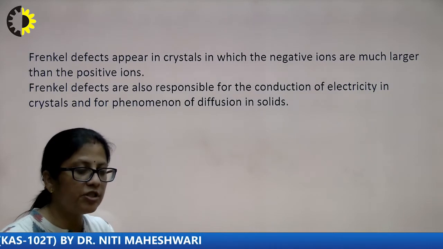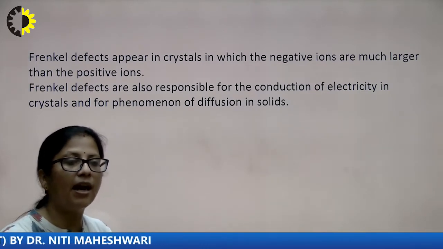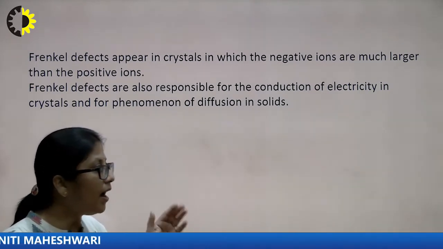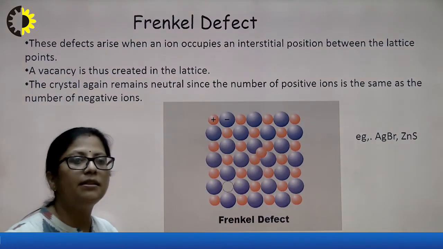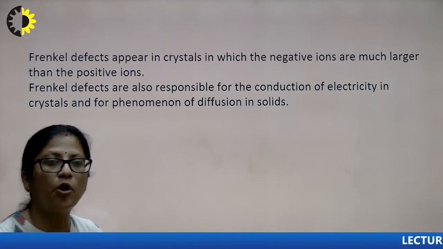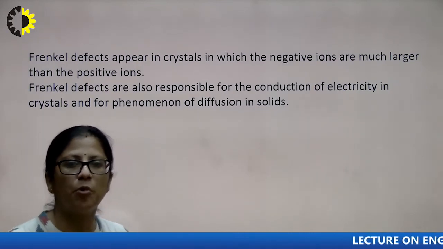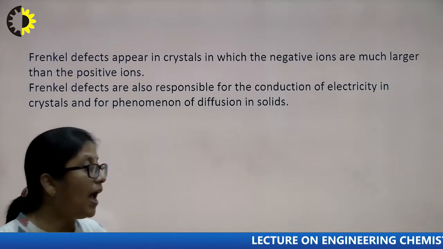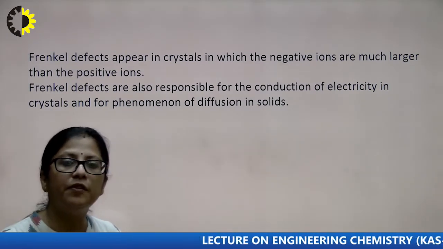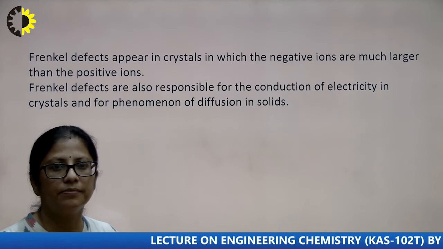There is much difference between the size of the cation and the anion. Because of this movement of the ions, this defect is also responsible for the conduction of electricity in crystals and for the phenomenon of diffusion in solids.